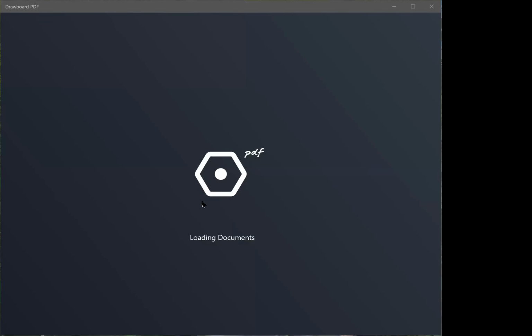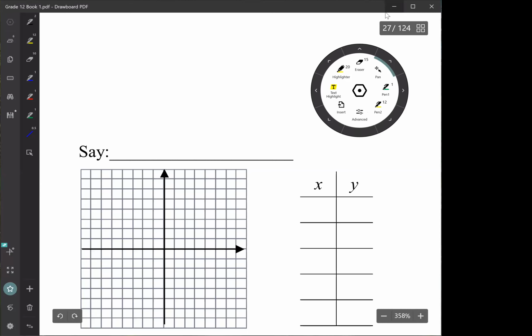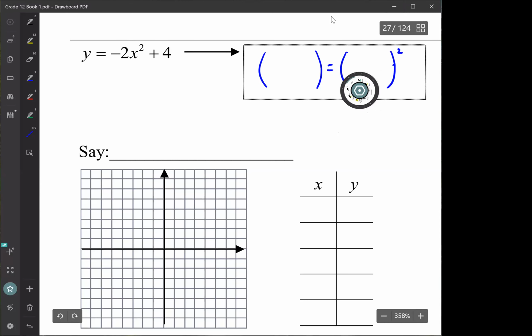Can you see it? Yes. It says it's loading. Yep, still loading the document. Okay, there we go. Is the recording still on? Yep.